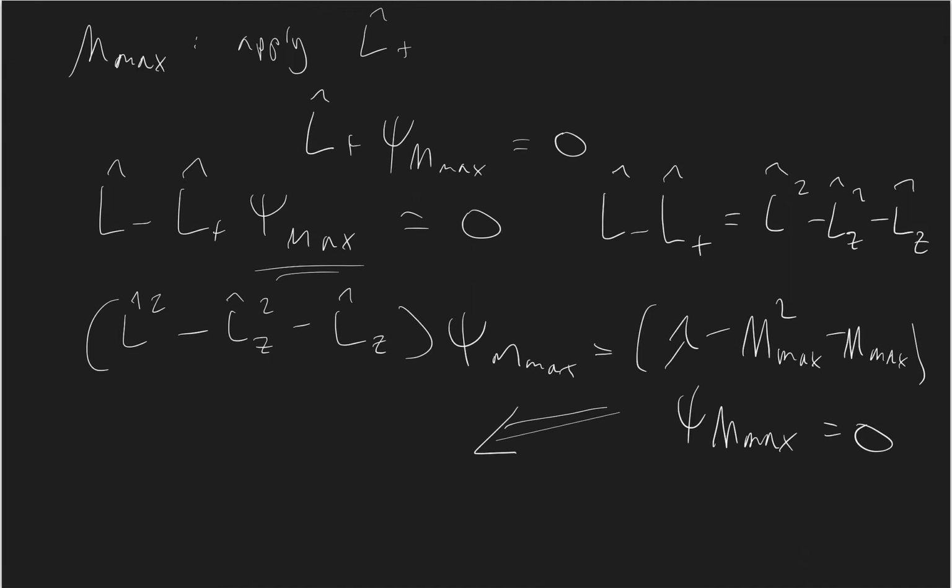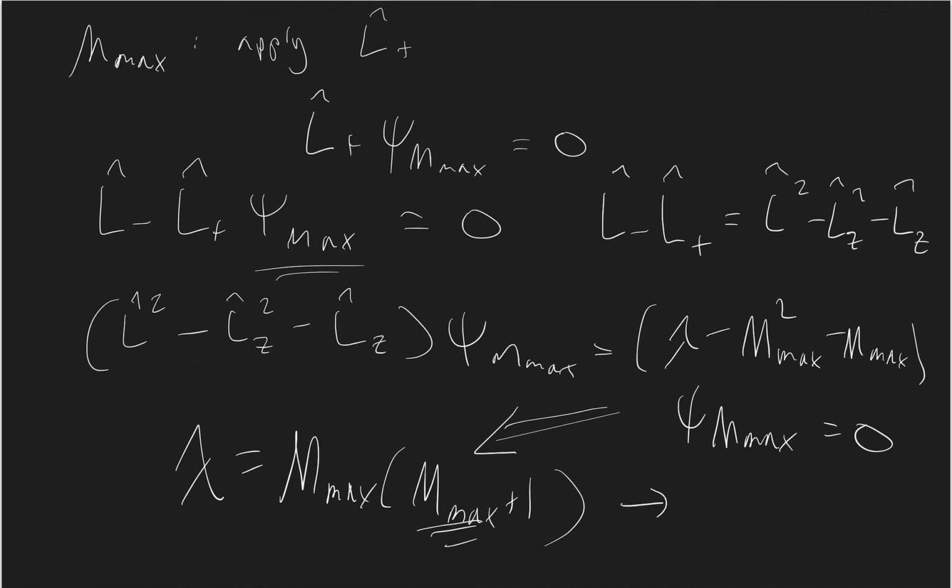And so this implies then that the eigenvalue, or lambda, of some m max is m max times m max plus 1. Okay? And we can then rename this m max with a conventional letter. So we'll make this conventional letter capital L for a total system, okay?